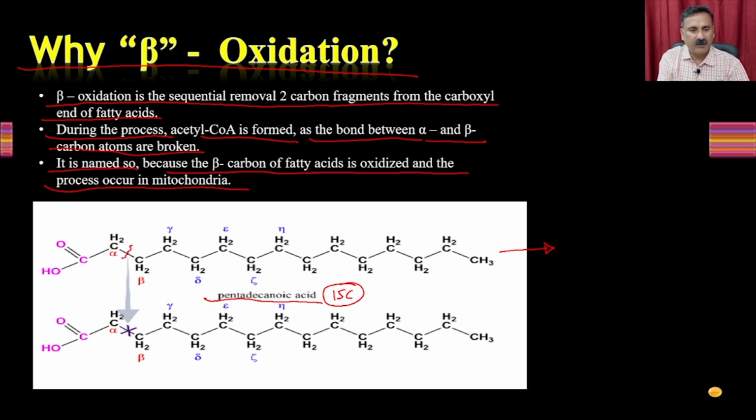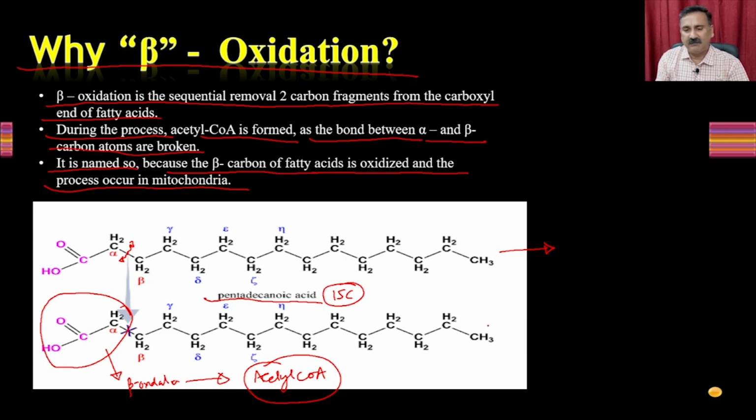This bond is going to be broken, and that's how this particular moiety is released and undergoes beta oxidation to produce acetyl CoA. Every 2 carbons from this fatty acid are released, and that's how it produces acetyl CoA.